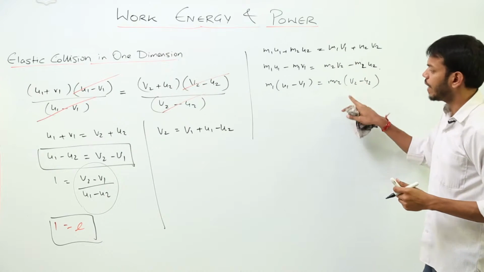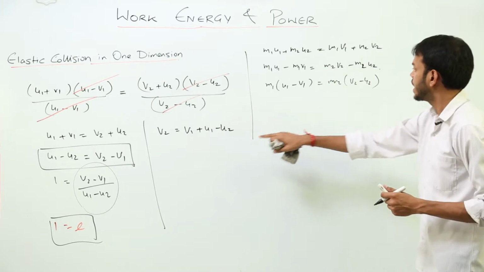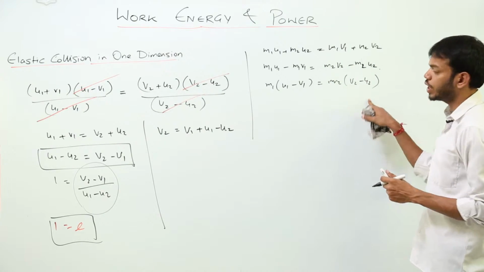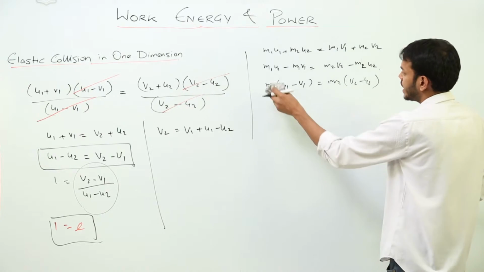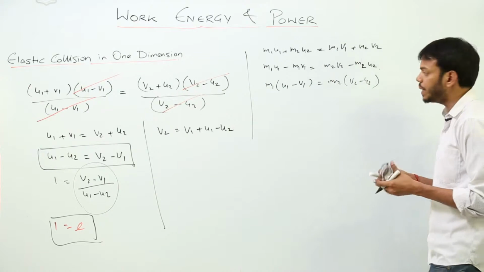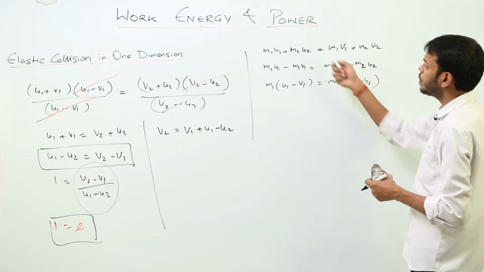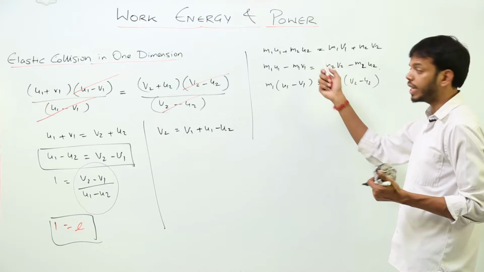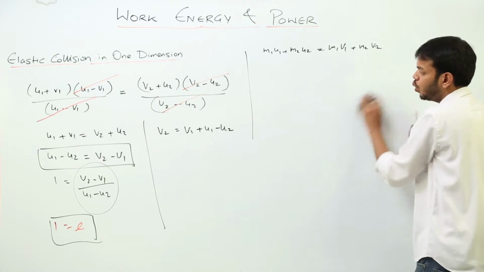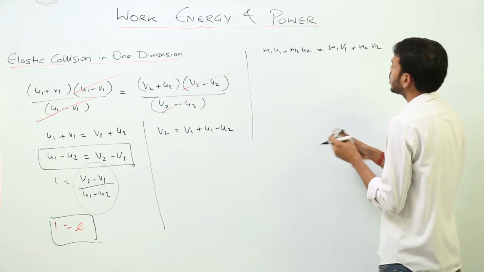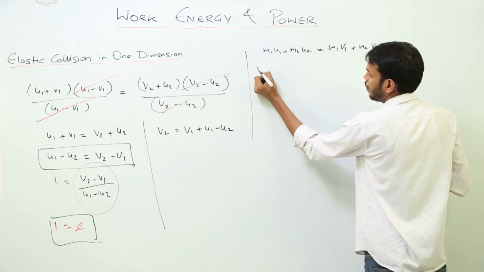So putting the value of v2 from that equation into this equation, you will find the value of v1, but you won't have to do these two steps again. The reason being, I have deduced this equation from the main equation, which is the law of conservation of momentum, right? So rather than doing this whole thing again, just put the value of v2 directly into this equation.